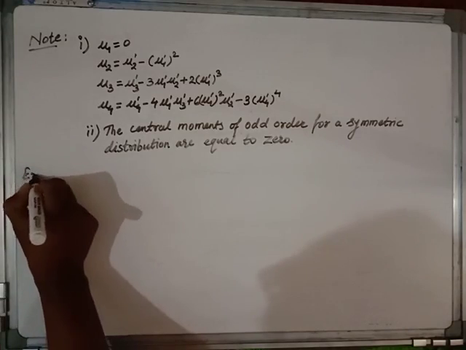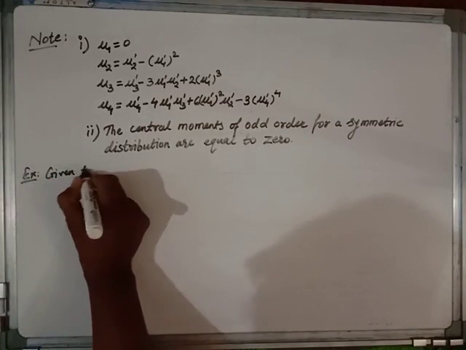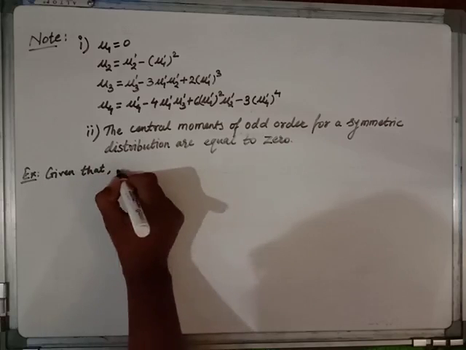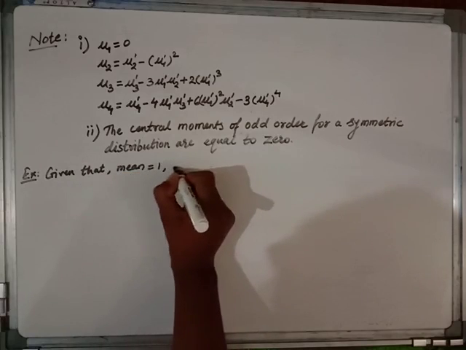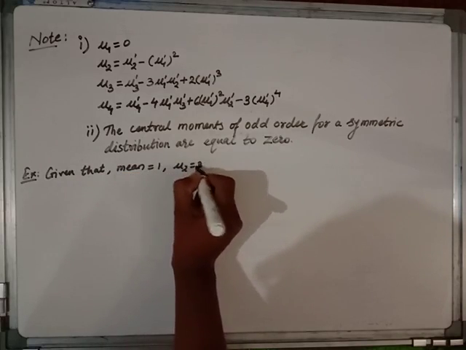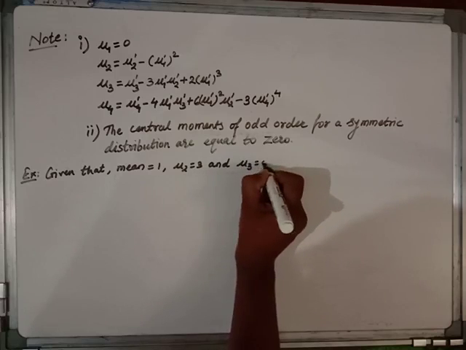Example. Given that mean is 1, mu2 is 3 and mu3 is 0.